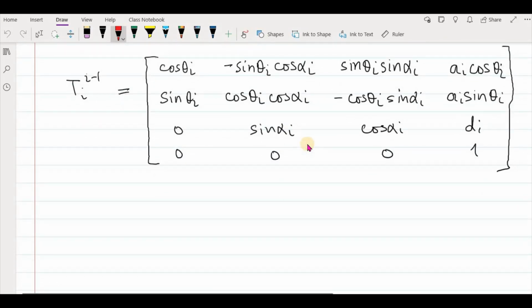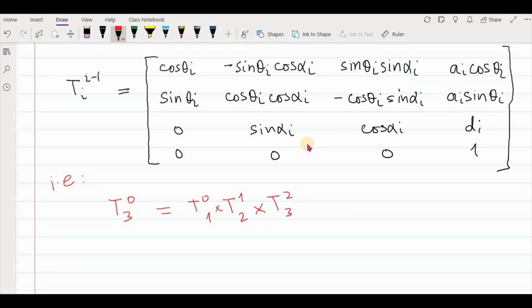For example, for the transformation of frame 3 into frame 0, you do the transformation of frame 1 to 0, multiplied by the transformation of frame 2 to 1, multiplied by the transformation of frame 3 to 2.